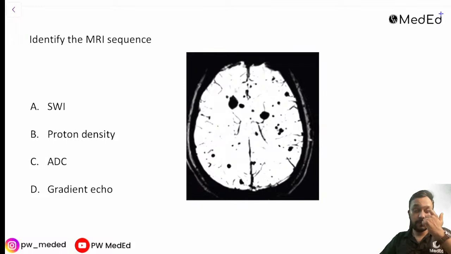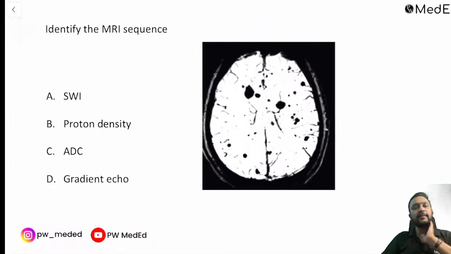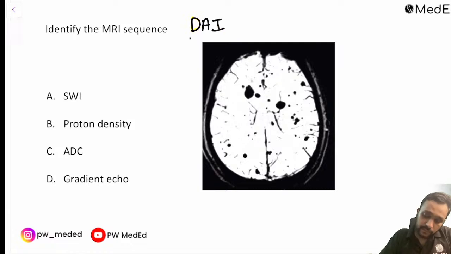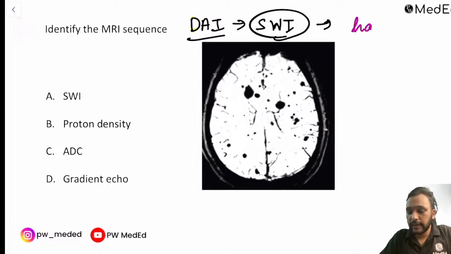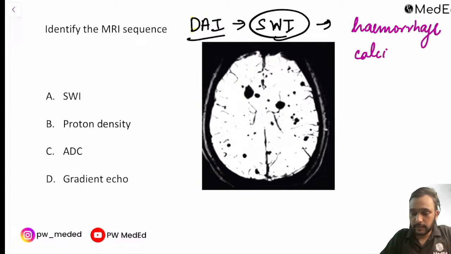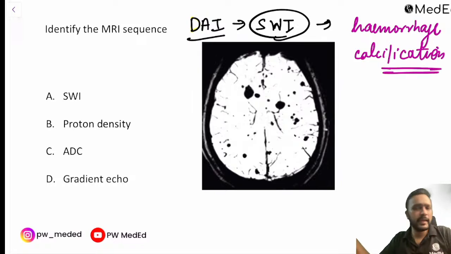Now this is a very important question that has been asked in various exams like your NEET PG, INI-CET. Identify the MRI sequence. So this sequence is used in diffuse axonal injury, and the name of the sequence is susceptibility weighted imaging. This susceptibility weighted imaging is used to look for any hemorrhage or any calcification, or hemorrhage within a tumor, within any structure, right?